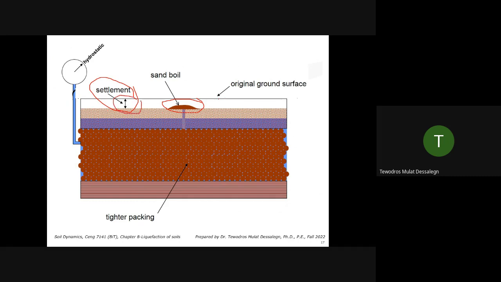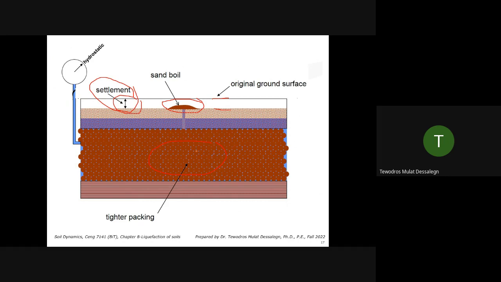The original ground level is here, then the final is here. And you'll have your tighter packing now. But the damage is already done, right? The sand down here is now tighter packing, but it lost some water. It caused instability in the meantime. It was turning into the loosest combination.